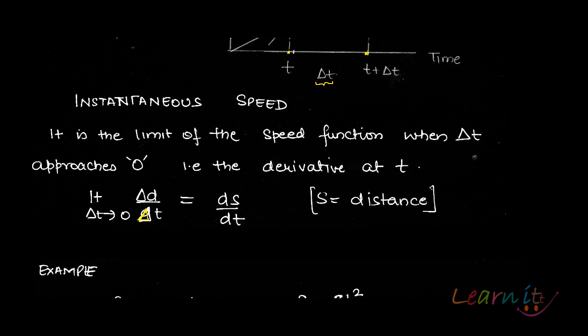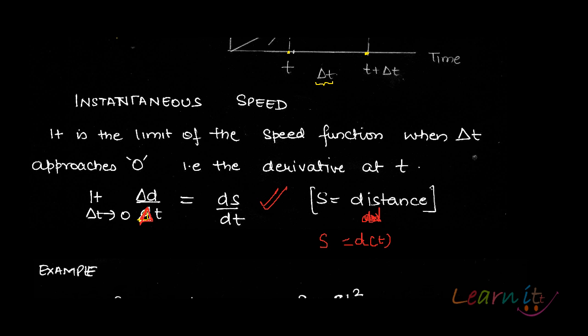As delta t goes to zero, delta d upon delta t is essentially ds by dt. S is some distance, I didn't want to put it as dd, so I'm putting it as ds. S is basically the distance function, a function of time, right? So that will give me instantaneous speed.